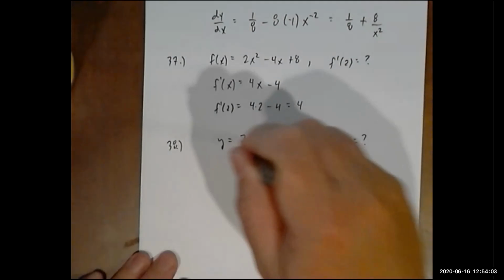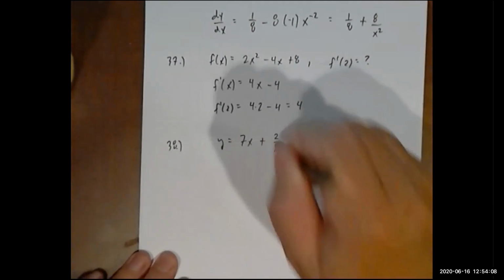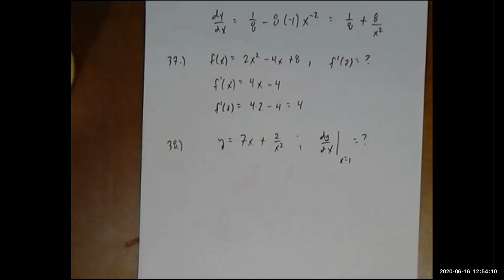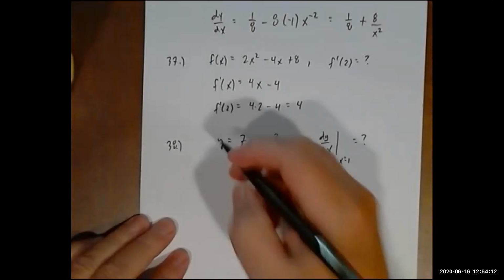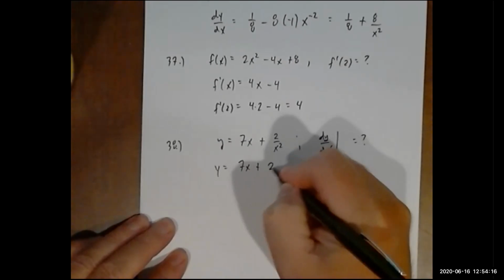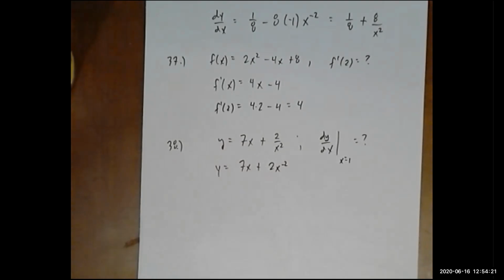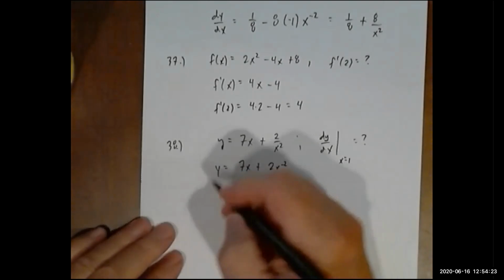Now, first thing I do is I realize this first term is fine for using the power rule. The second term is not really in a form I can use the power rule. However, I can pretty easily fix that and change this to 2 times x to the minus 2.